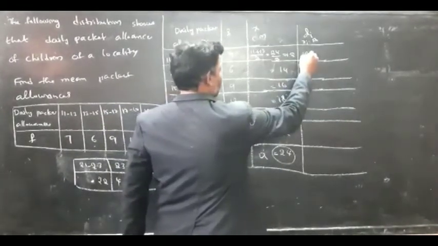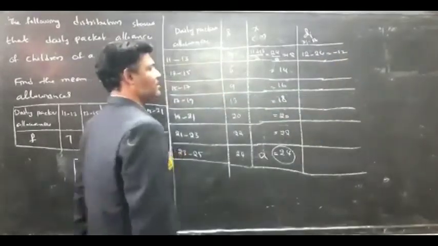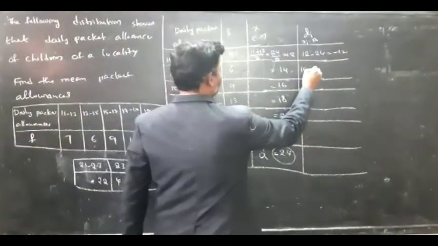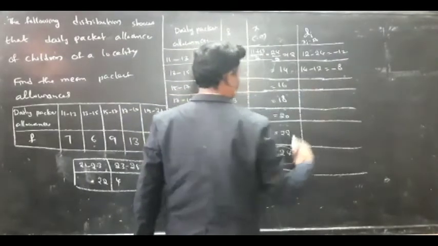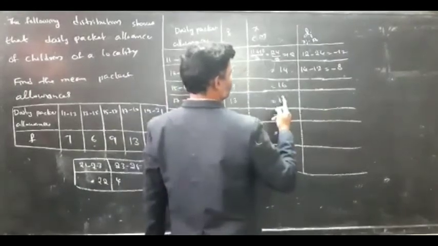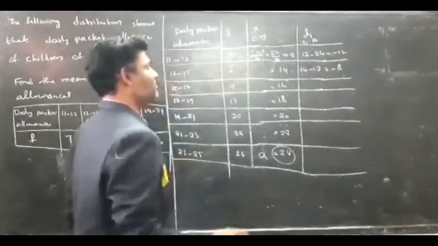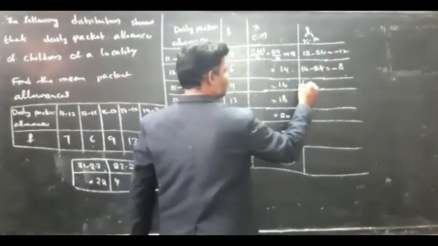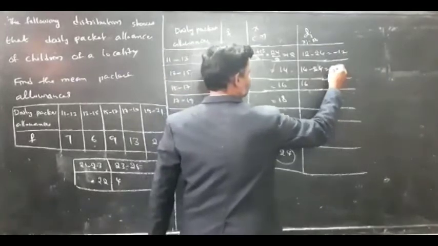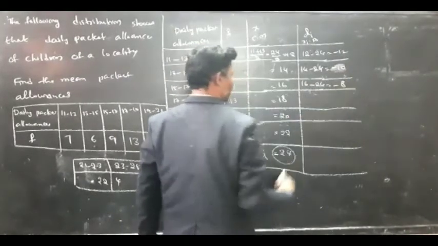Then Xi minus A means 12 minus 24 is equal to minus 12. Then 14 minus 24 is equal to minus 10. 16 minus 24 is equal to minus 8.